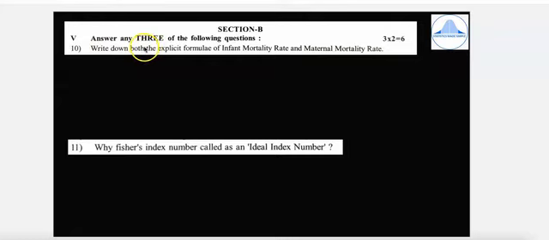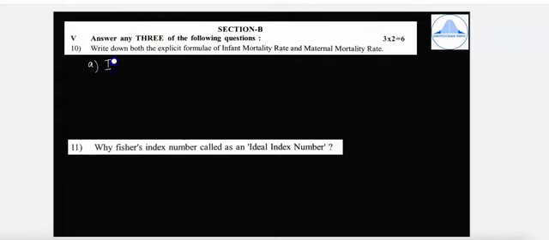Section B, fifth main, answer any 3 of the following questions. Each of these questions carry 2 marks. 10th one, write down both the explicit formulae of infant mortality rate and maternal mortality rate.